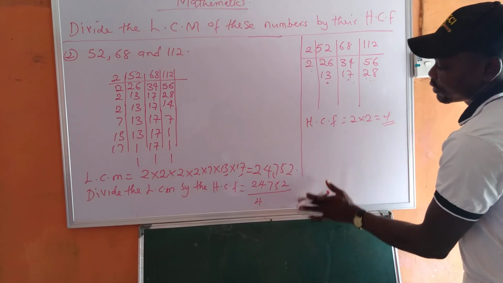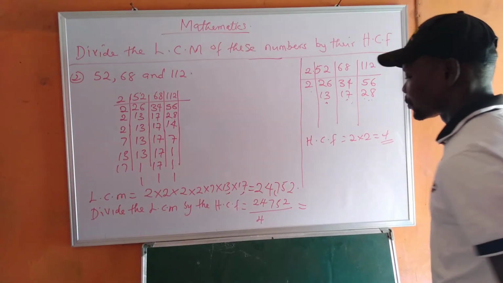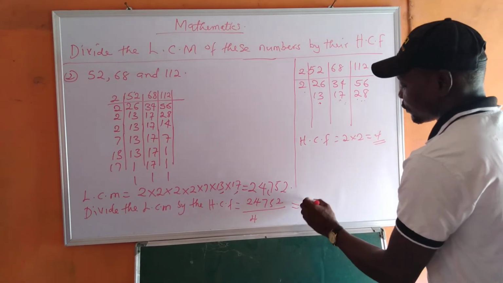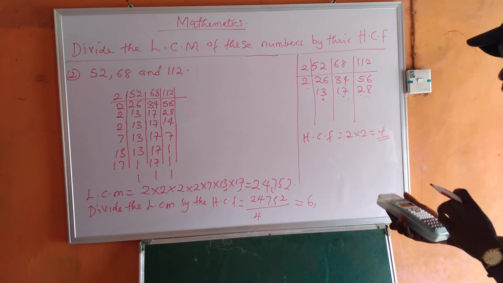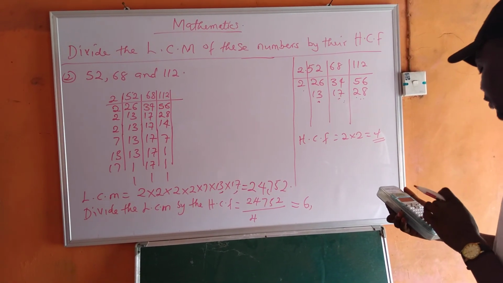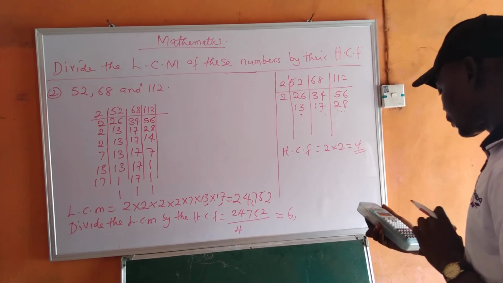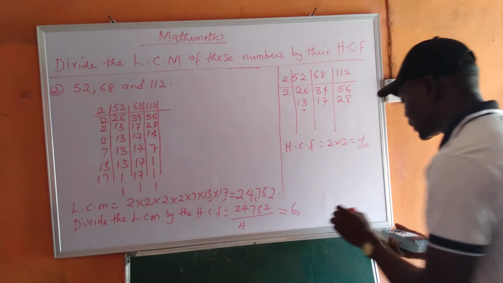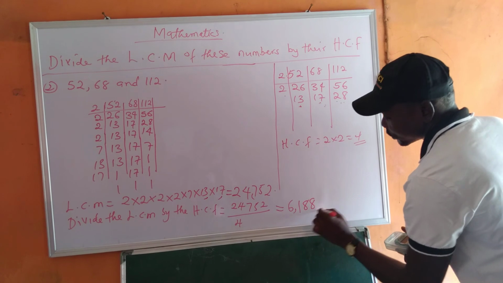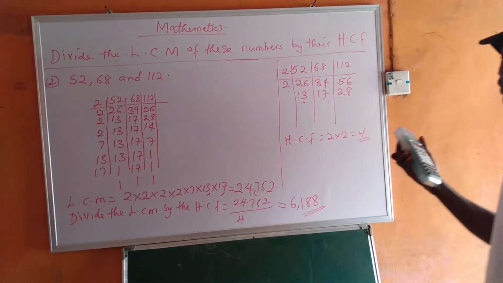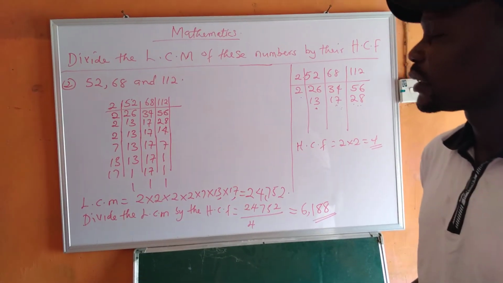What would that give us? Let's just use our calculator. 24752 divided by 4, we have 6188. So this is our value. We have 6188 as our final answer. Thank you.